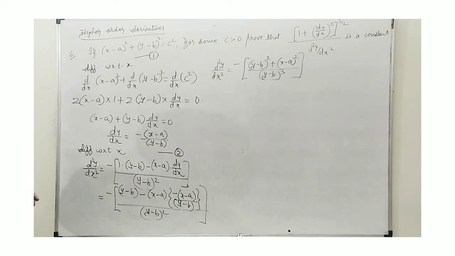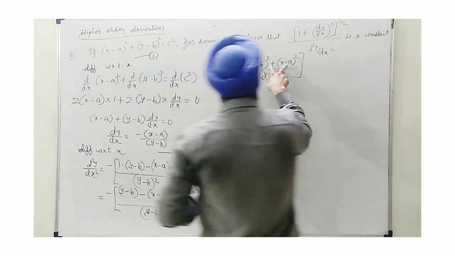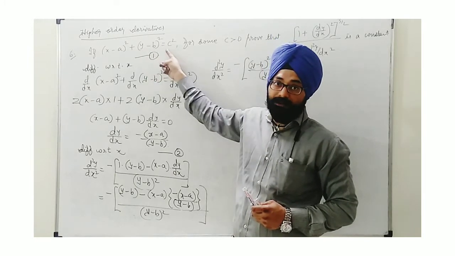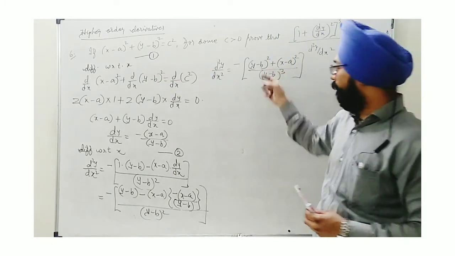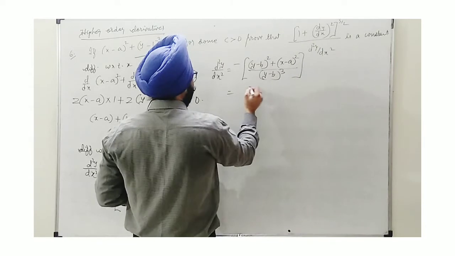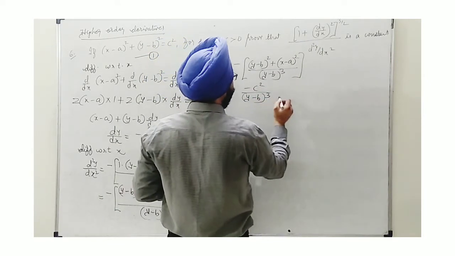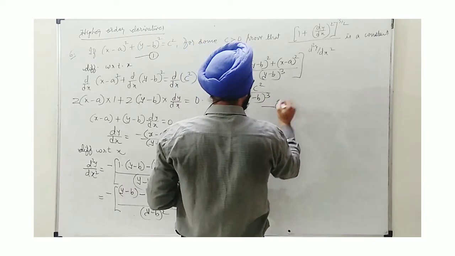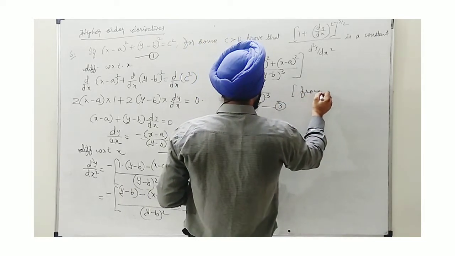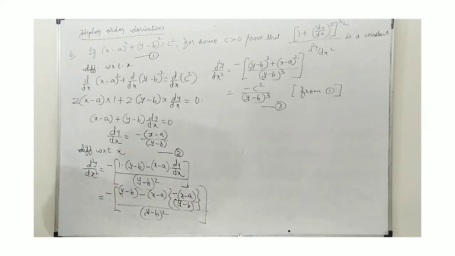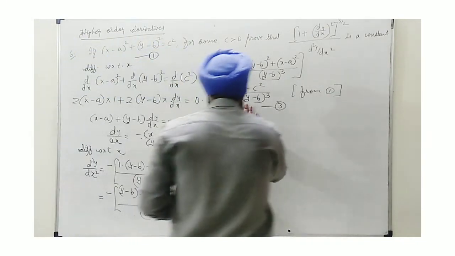Further, what we can do, this value we are given, (x minus a) whole square plus (y minus b) whole square is equal to c square. So we should use it, writing it as c square upon (y minus b) whole cube, giving it 3. You can note from 1 we have taken this value for further assistance. So d²y/dx², this much we have obtained.